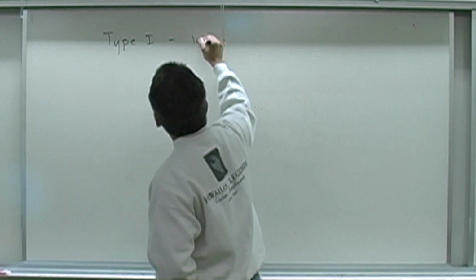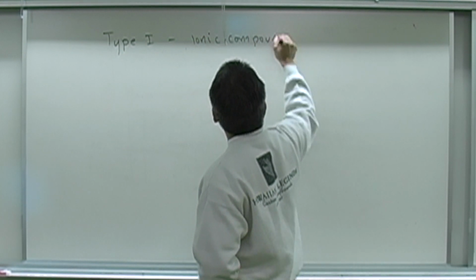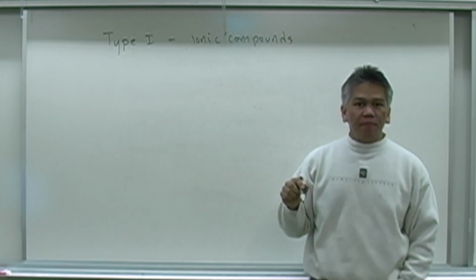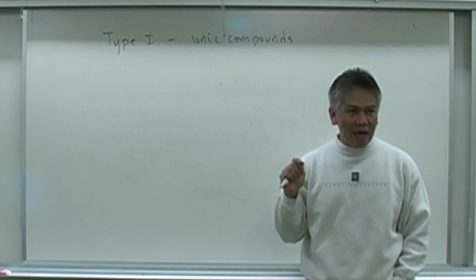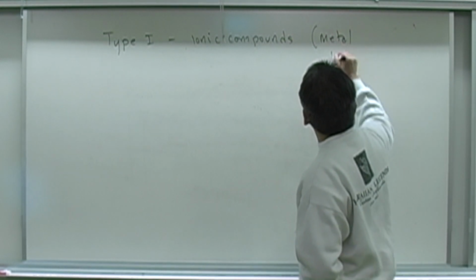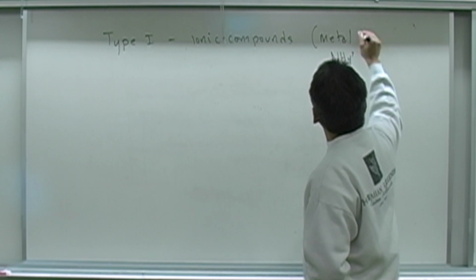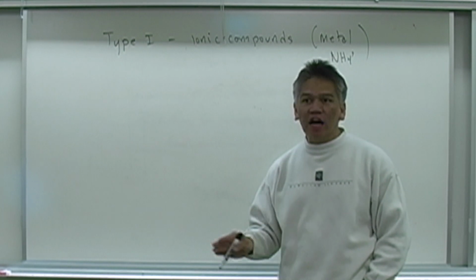These are ionic compounds. And you know it's ionic because it has a metal. Okay? Ionic compounds always have a metal or NH4 plus in the formula. If it has no metals, it's not ionic.